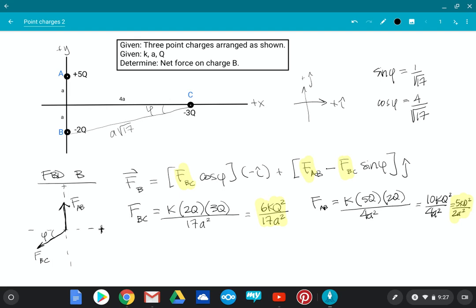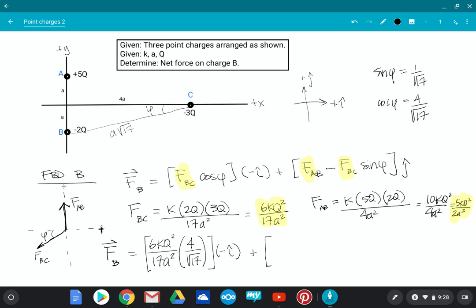So now I can write out my full F_B, and then we're going to sub in for sine and cosine phi also. Phi is not given in this problem. So F_BC is going to be 6kQ squared over 17A squared times cosine phi, which is 4 over root 17. That is negative i hat. I tend to do it that way. If I put the negative sign in front of the term, it can get lost, especially right adjacent to an equal sign. So this feels safer to me, so I don't drop a sign.